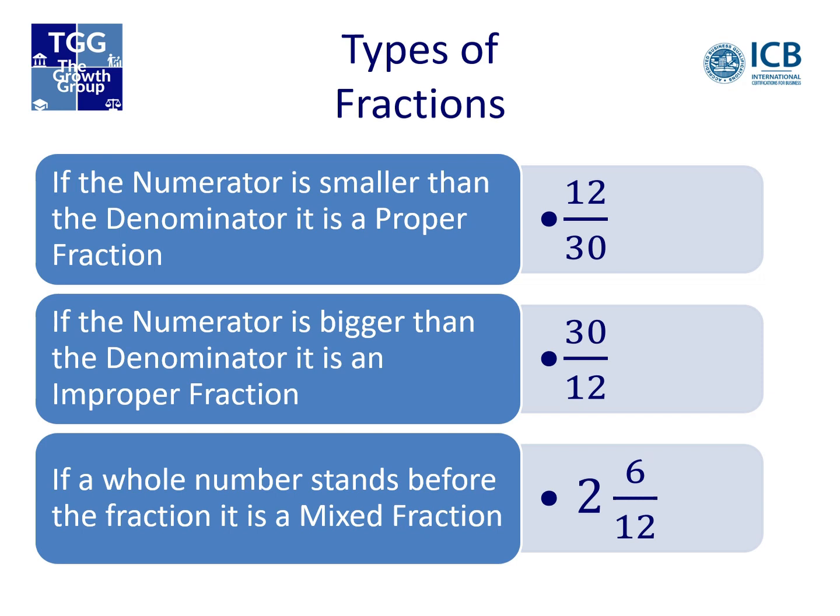But if the numerator is bigger than the denominator, we have an improper fraction. And then the third case is if a whole number stands before the fraction, it is a mixed fraction. So there we have 2, a whole number, followed by a fraction 6/12. So those are your 3 types: a proper fraction, an improper fraction, and a mixed fraction.